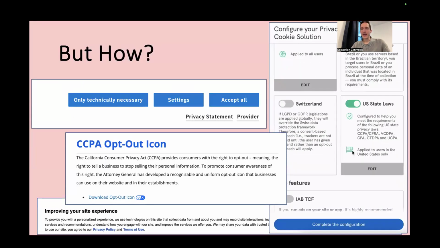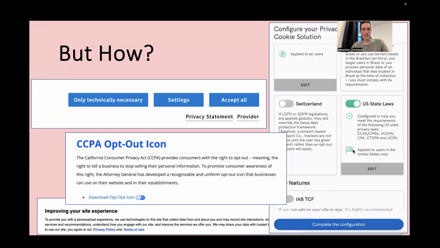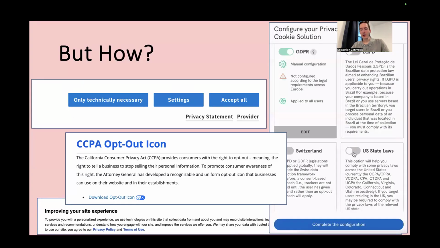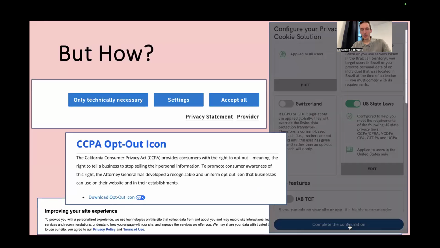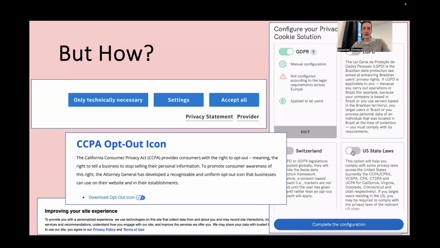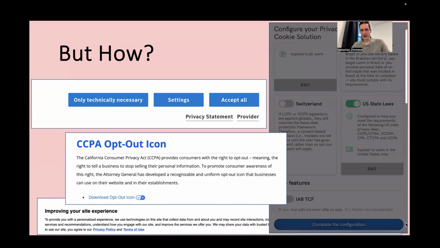But how can we actually exercise this right to opt out? We see many different screens here that all of us know. Some are related to cookies, which are partially also related to exercising the right to opt out. And so we all have seen complicated interfaces like the one on the right side, for example.